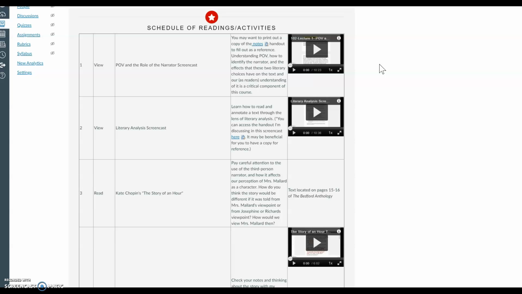And then I asked you to read Kate Chopin's The Story of an Hour, paying careful attention to the use of that third person narrator and how it affects our perception of Mrs. Mallard as a character. How can we view Mrs. Mallard through the lens of that third person narrator, and how would the story be different if it was told from Mrs. Mallard's own viewpoint, or from her sister's, or Richard's, her husband's friend?